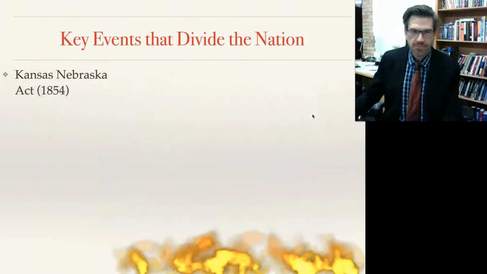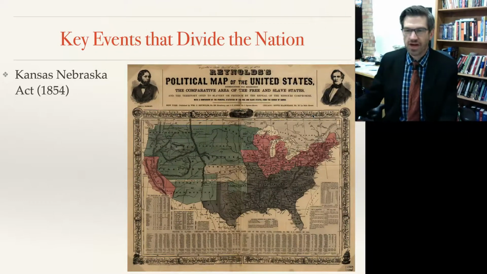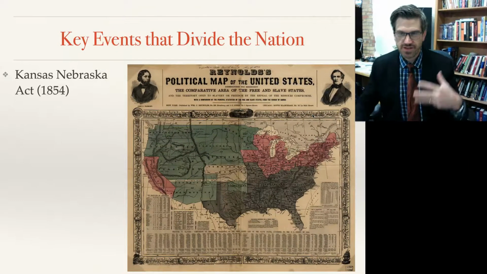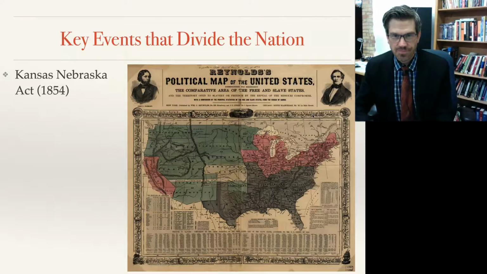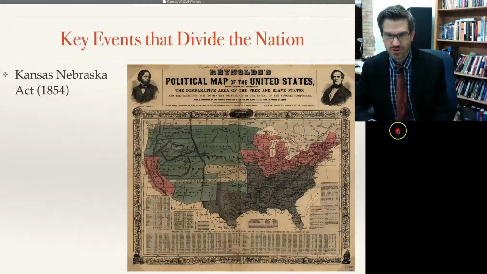Next one I want to talk about is a political event, and yet another one of these compromises. You'll see how this works. So here's another cool old map, showing you the slave states, free states, and then the unoccupied states that are still deciding. And notice they left a little blank here in Kansas.